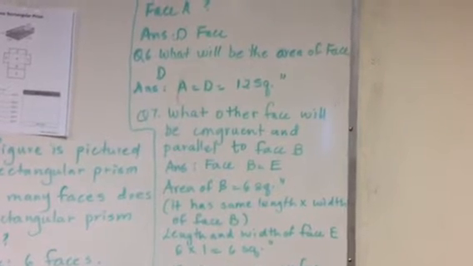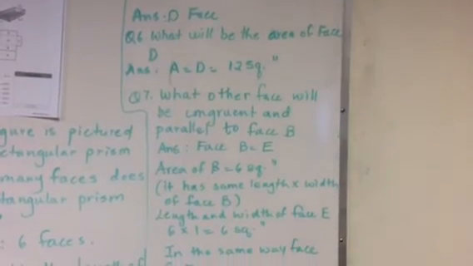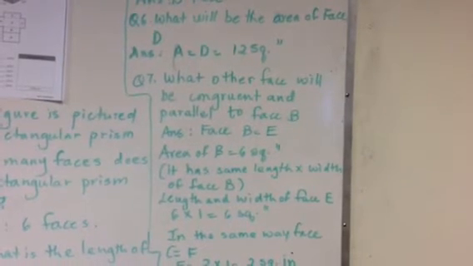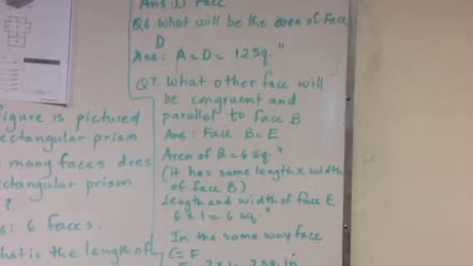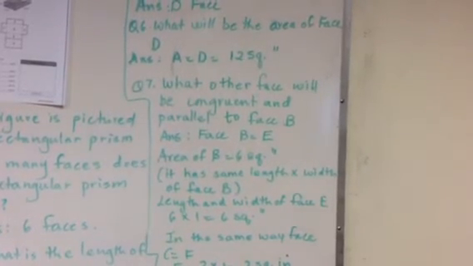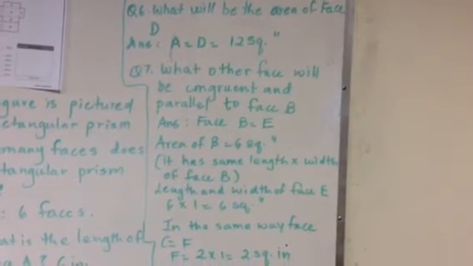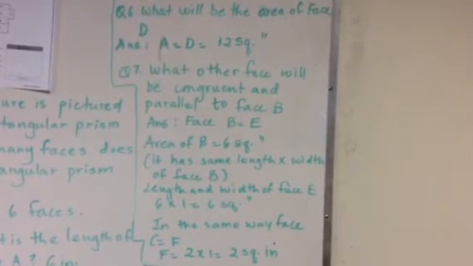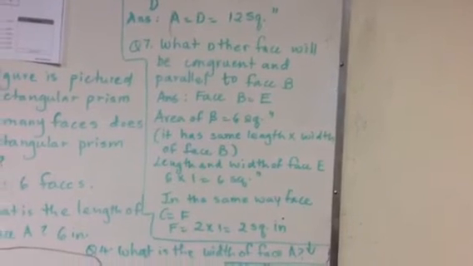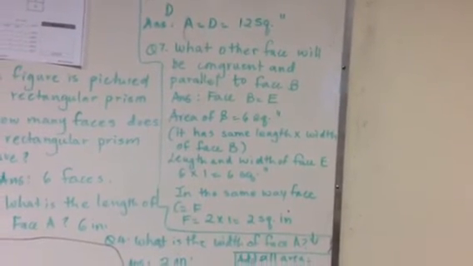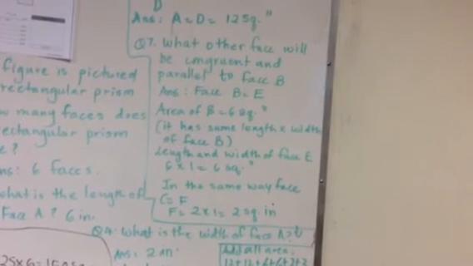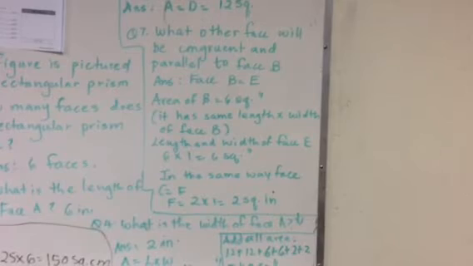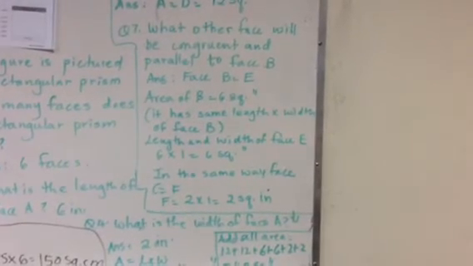Face B is congruent to face E, and if the length is 6 and width is 1, the area of face B is 6 square inches, and E is also 6 square inches. In the same way, face C is equal to face F. That means they are congruent and parallel, same size, same shape. F is equal to 2 times 1, that is 2 square inches.